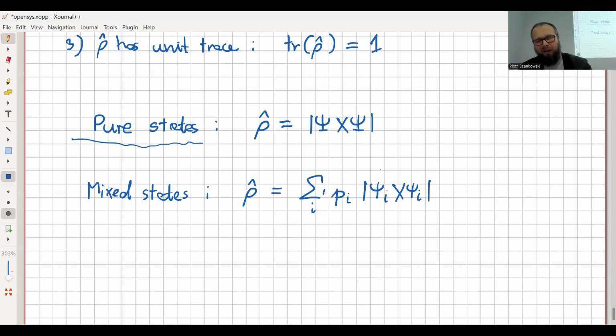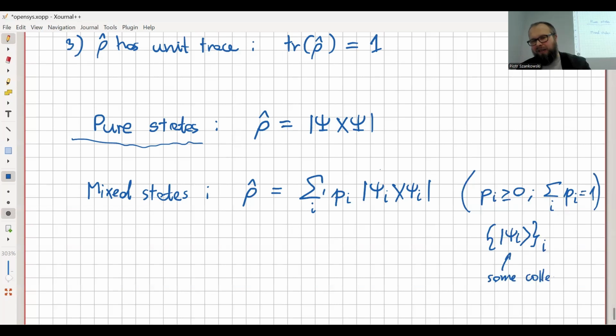Where it's a convex combination, which means that the p_i are non-negative and they sum up to 1. So like a probability distribution almost. And those kets we are projecting on are just some collection of kets. It can be arbitrary, whatever. Okay.